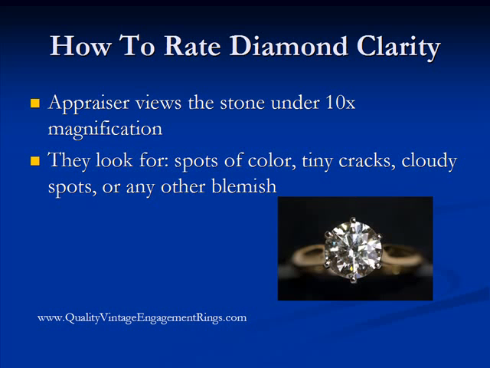And as they're looking at the stone, they're looking for different spots of color, either black or white or any color on the rainbow, and maybe tiny cracks in the stone, cloudy spots, or any other type of blemishes. Anything that detracts from the natural purity of the diamond would be considered a blemish. And they actually do call those inclusions, is the term that they use to refer to those flaws.